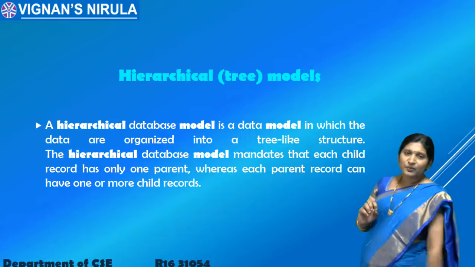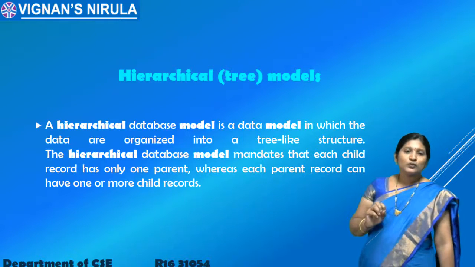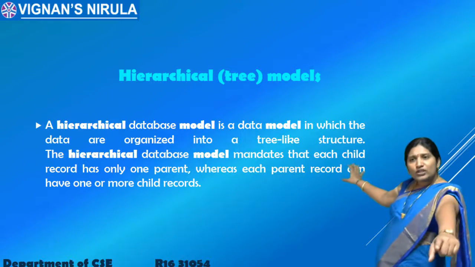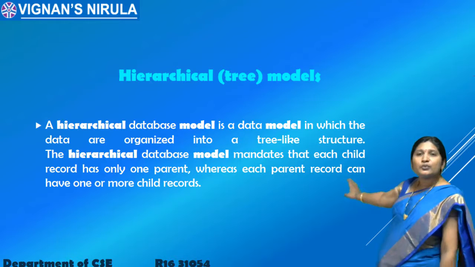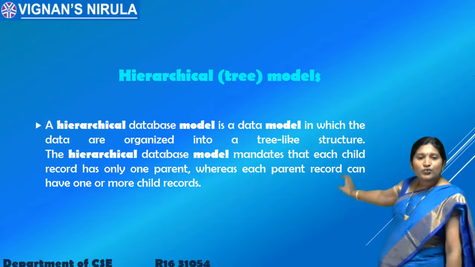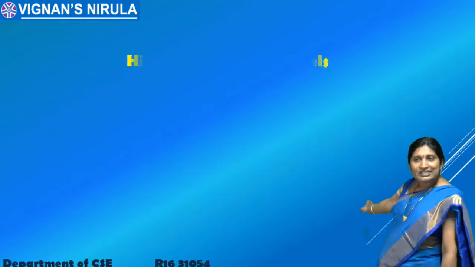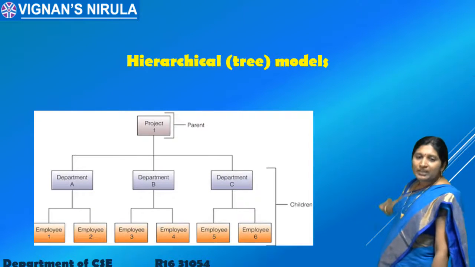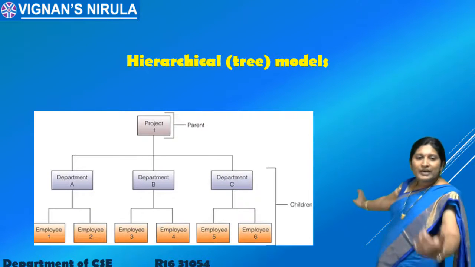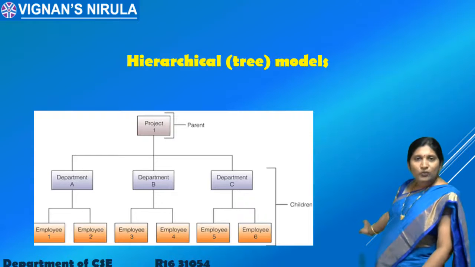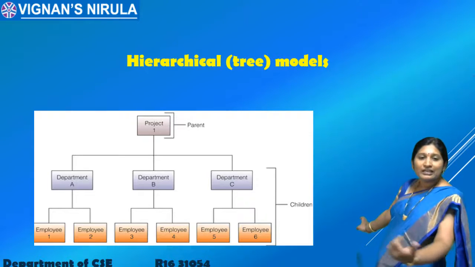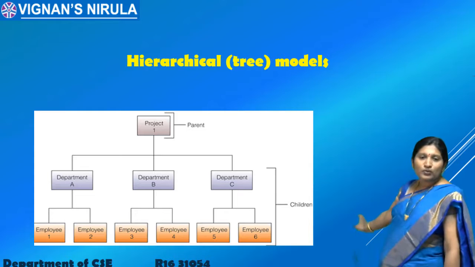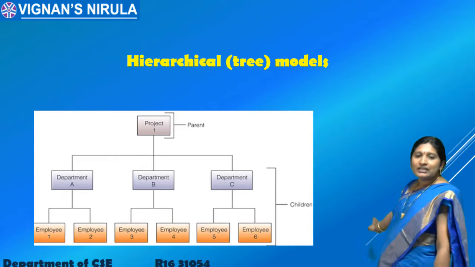See one of the examples which I have presented to you. Within this hierarchical data model, the root of the tree is Project 1. For Project 1, I have three children: Department A, Department B, and Department C. For Department A, I have two employees, Employee 1 and Employee 2. Under Department B, I have another two employees, Employee 3 and Employee 4.